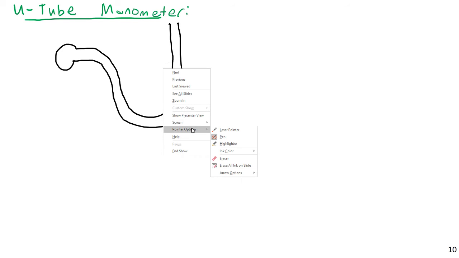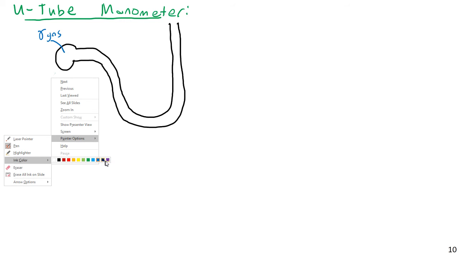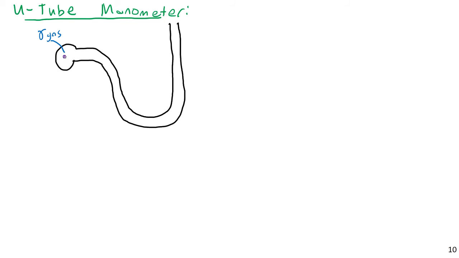If the pressure inside this gas, let's say this gas is going to have a certain pressure, but it's also going to have a certain gamma. So I'm going to say gamma gas, and I'm going to label a whole bunch of points. I'm going to let this be point A. Then at the start of where the tube starts to dip down, I'm going to call this point 1.